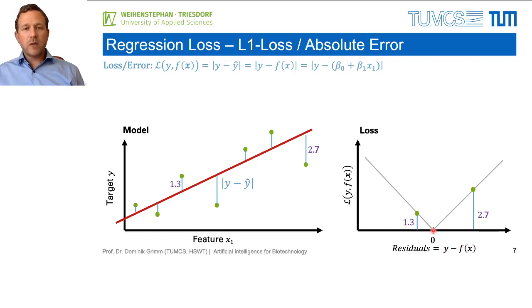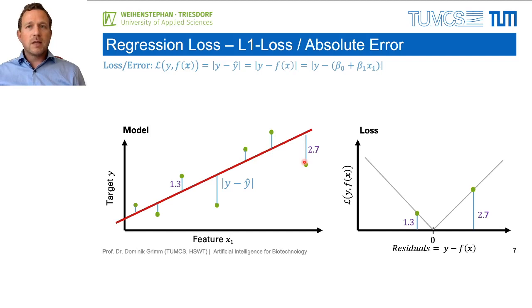Of course, when we have done everything correctly, then we have no error, so the loss or the error is 0. When we make errors, for example, here our prediction is smaller or larger than our true value, then we are somewhere on this line or somewhere on that line. If we take the absolute value, it gives us the distance from this point, for example, to this point. And that's the error that we made.